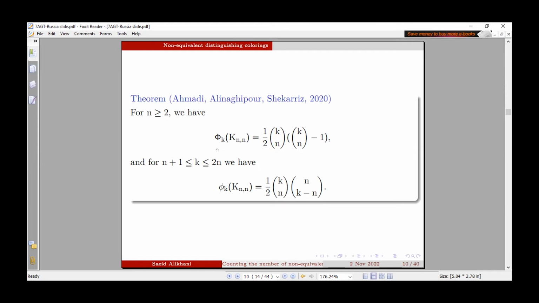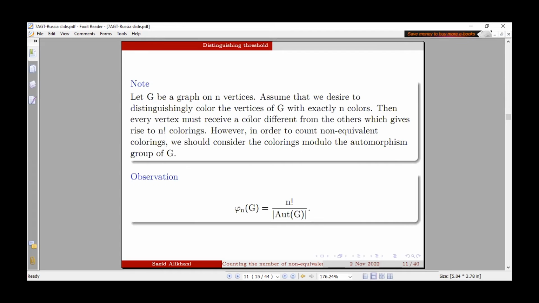Since we have chosen n colors out of k colors to color the vertices of one part, we cannot color the other part by the same palette of colors. Anyway, you can refer to the paper in Discrete Mathematics by these authors in 2020 for details of the proof.